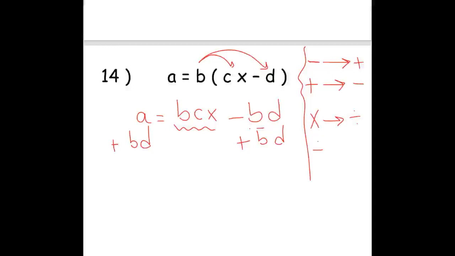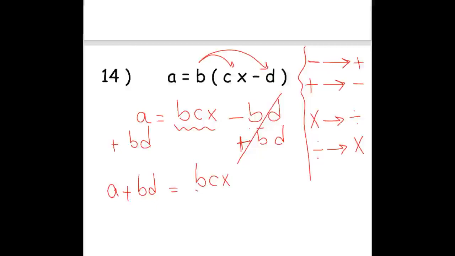And if I have something divided, its inverse operation is multiply. So here I get rid of this term by doing the inverse operation, which is adding bd to both sides. So here will be a plus bd equals bcx, and this will go with this.